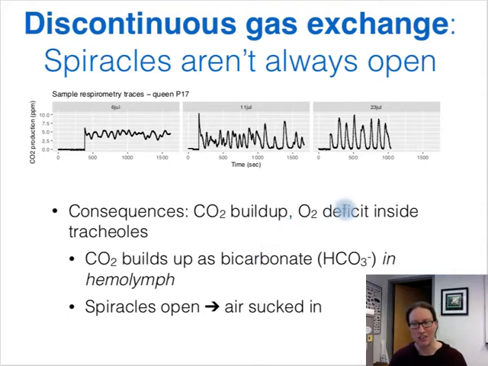So if oxygen's being used, carbon dioxide's building up in solution, that's going to mean that the total pressure in the tracheals will drop, and therefore when an insect opens up its spiracles again, that's going to favor the movement of air from the outside back into those tracheals.